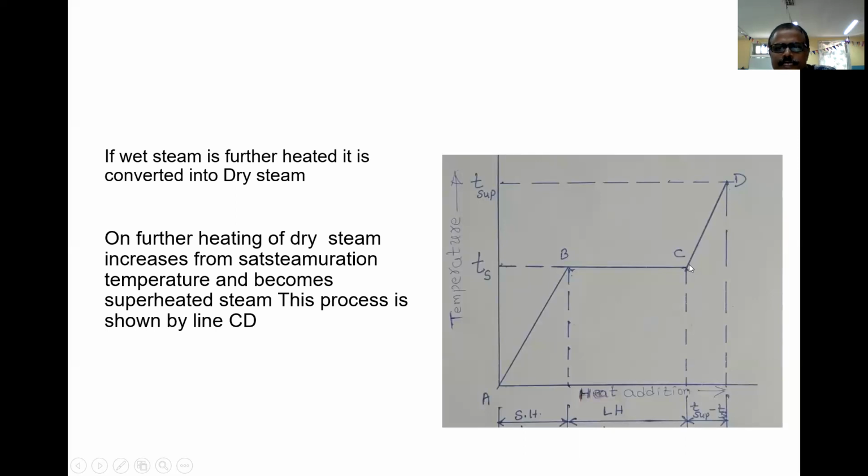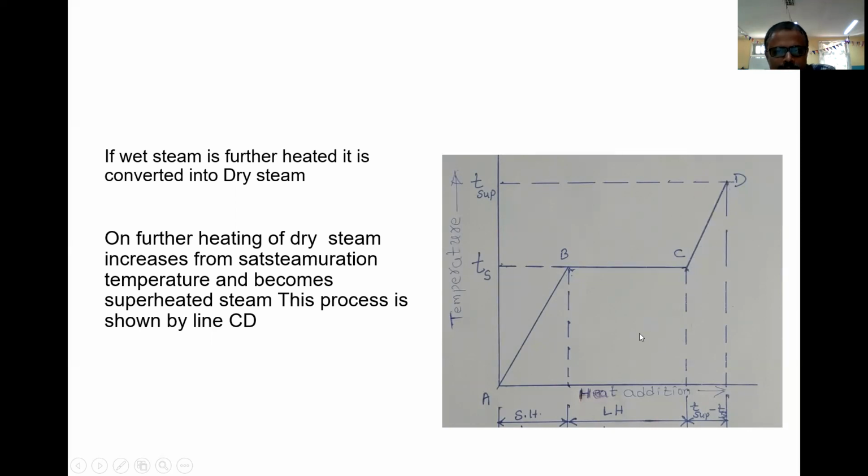The point C represents dry steam. If the dry steam is further heated, it becomes superheated steam. You can see the temperature is increasing to superheated steam temperature, and this is shown by the line CD.